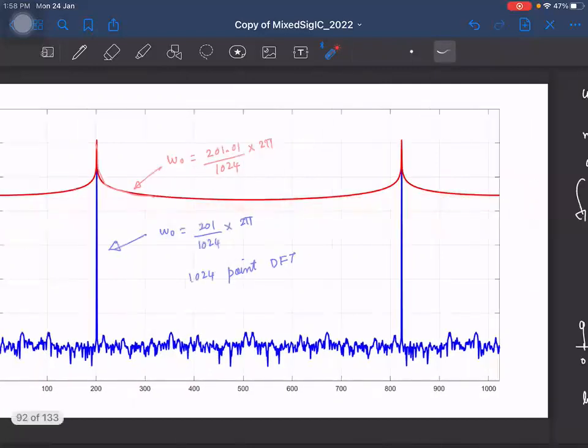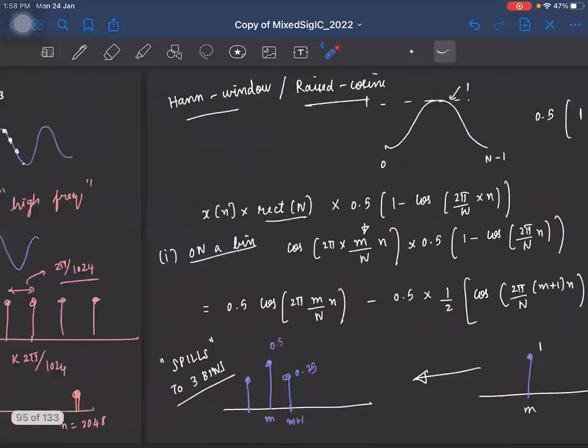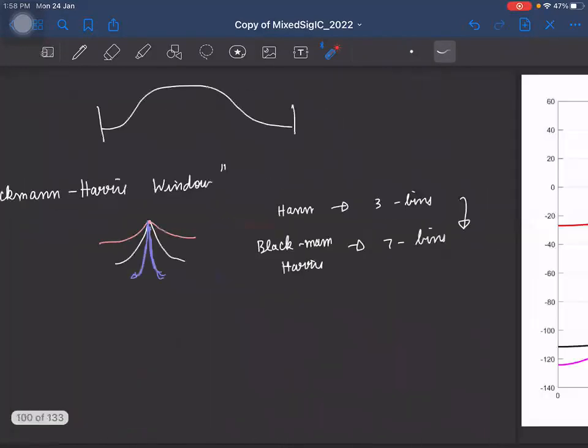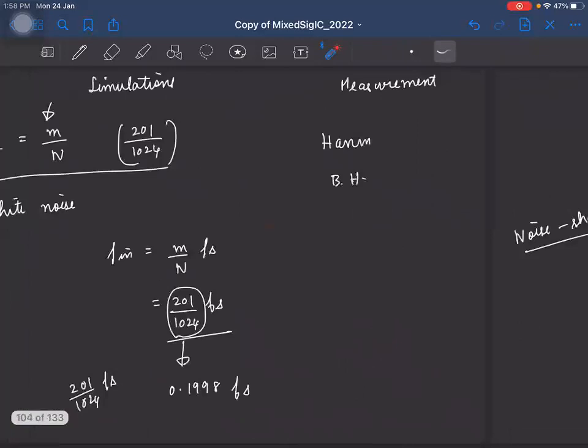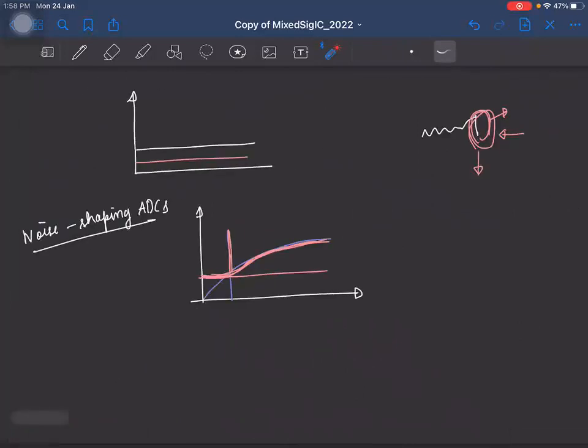For the same reason, if you look at the noise shaping ADC also, ideally what we expect is a high-pass shaped spectrum for the quantization noise like this. But when we truncate the signal to a total of N samples and take the DFT, because the quantization noise need not be periodic in a noise shaping ADC, when we form the periodic repetition, we will have sudden jumps at the boundaries.